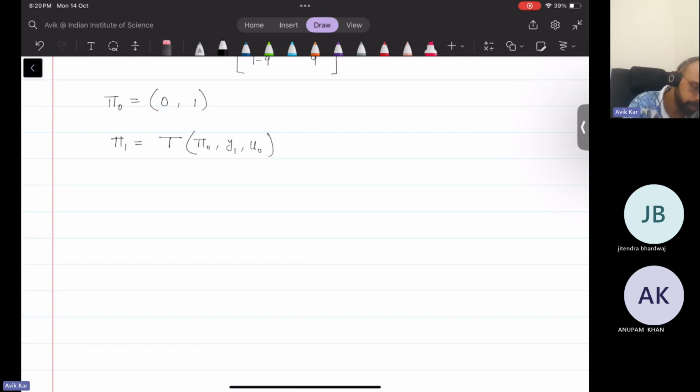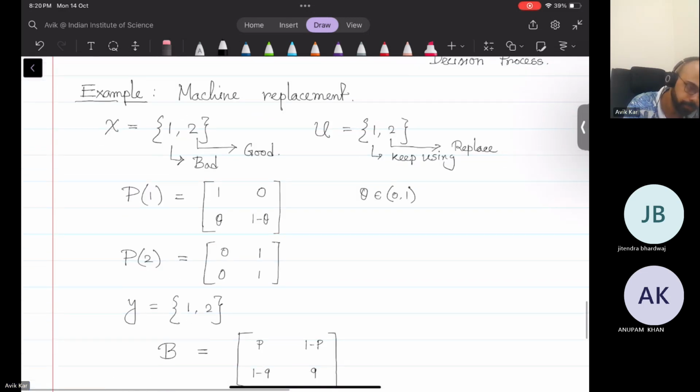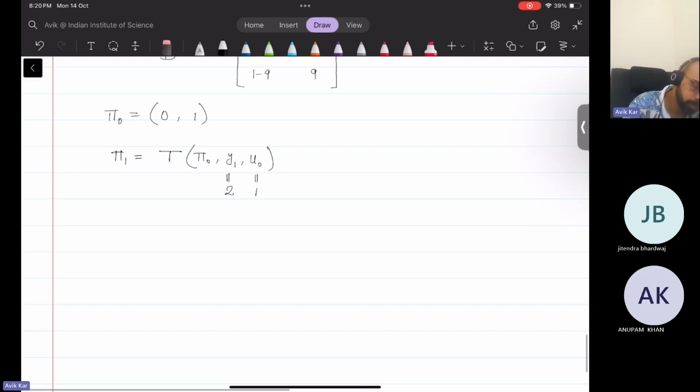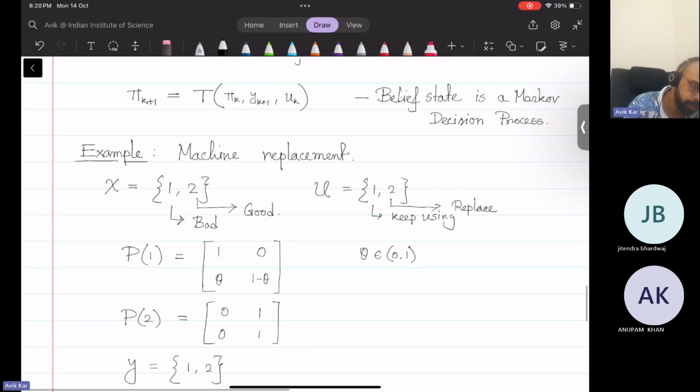Say Y1 is good. Good corresponds to 2, right? And U0 is keep using, which corresponds to action 1.